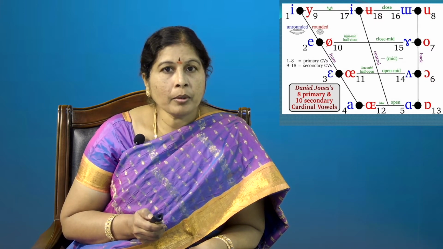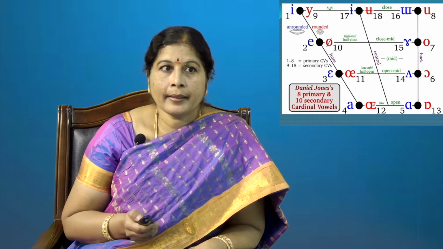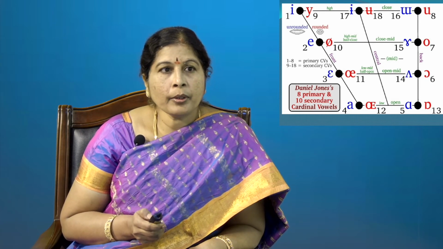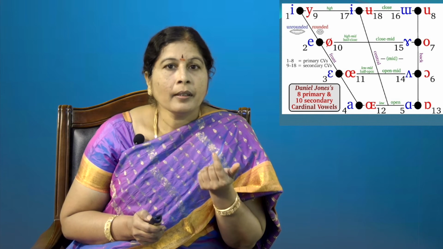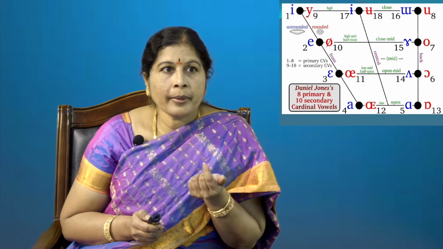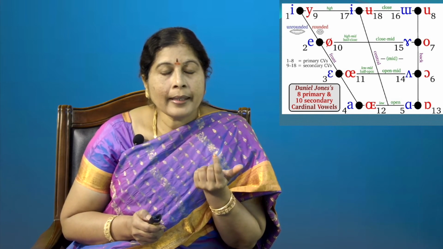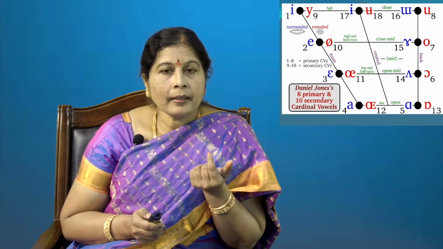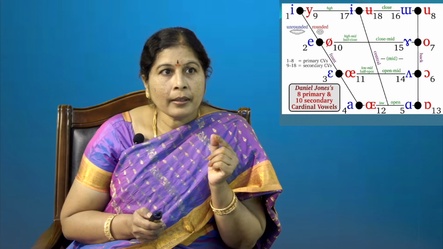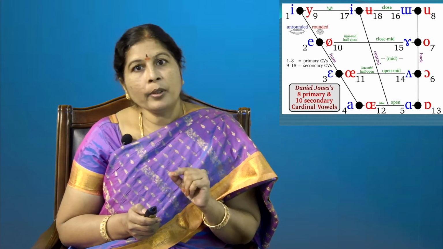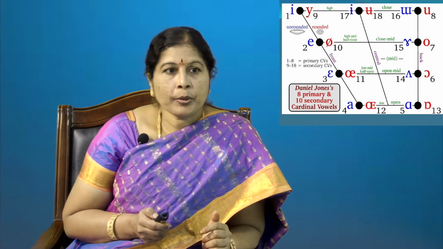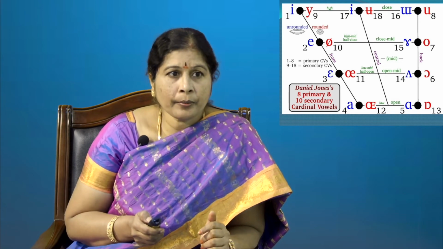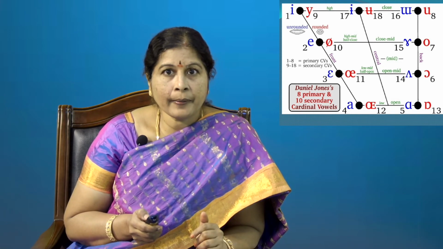So when we talk about end, egg, we can refer to the second primary cardinal vowel, and then the length is compared where it is occurring, compared to the cardinal vowel, and the English language vowel is described. So that is the function of the cardinal vowels. They are for reference purposes.